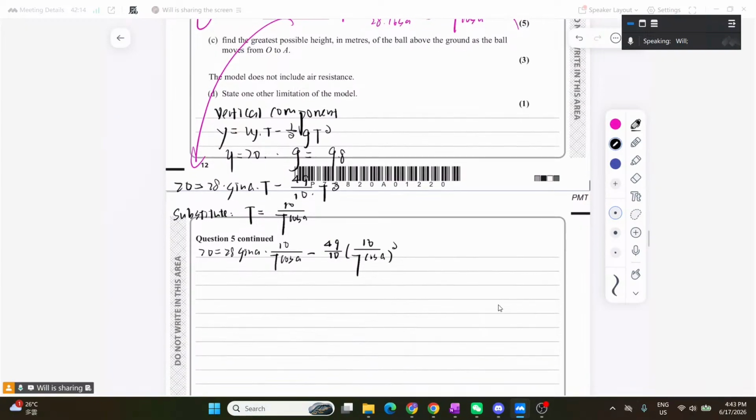Okay, the format, and then simplify each term. No problem.